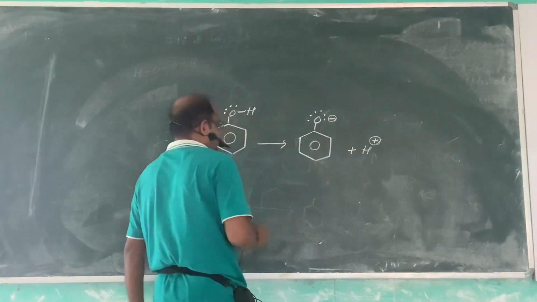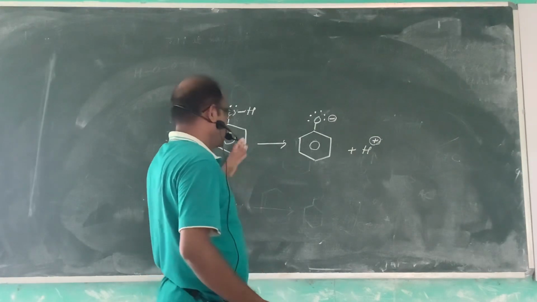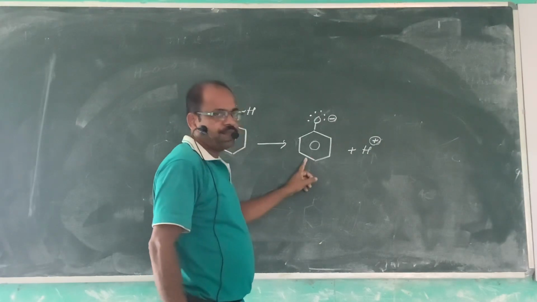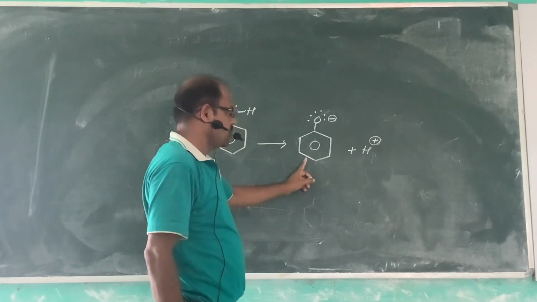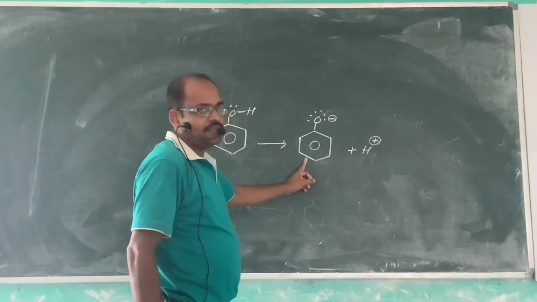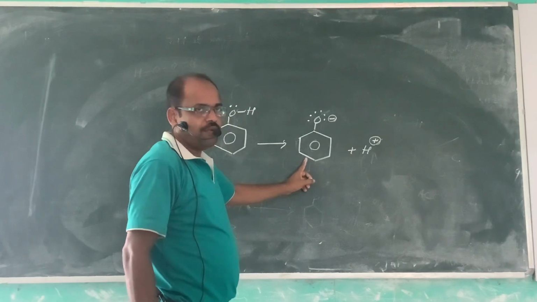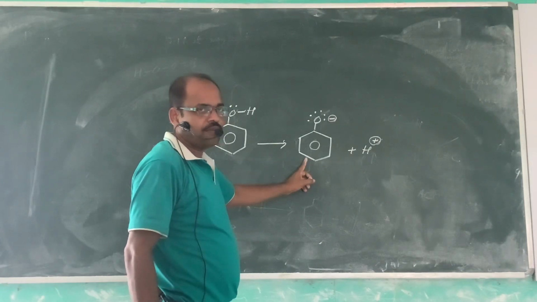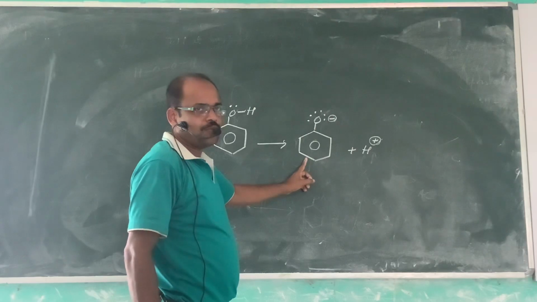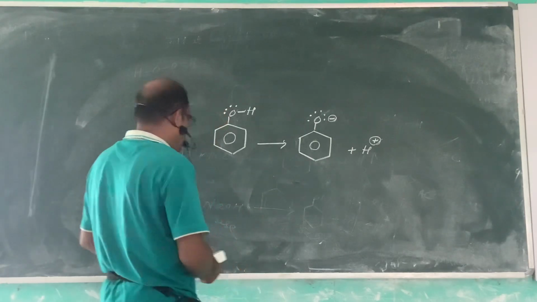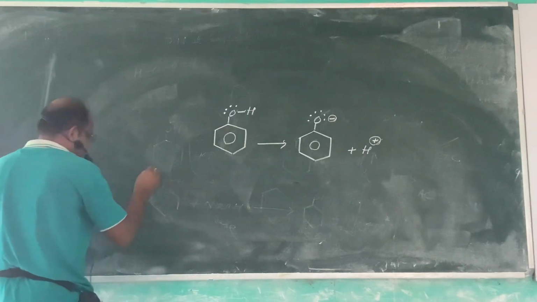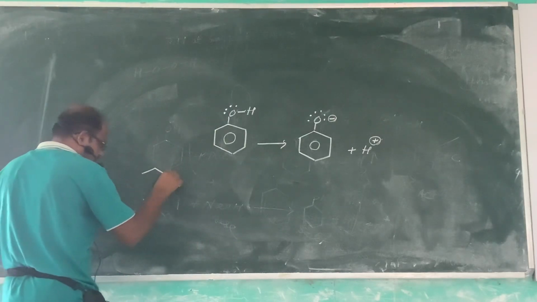When it gives H plus ion to produce phenoxide ion, that is a resonance stabilized ion. That means the process of resonance is applicable on phenoxide ion. Due to the process of resonance, we can write more number of resonance structures for phenoxide ion.